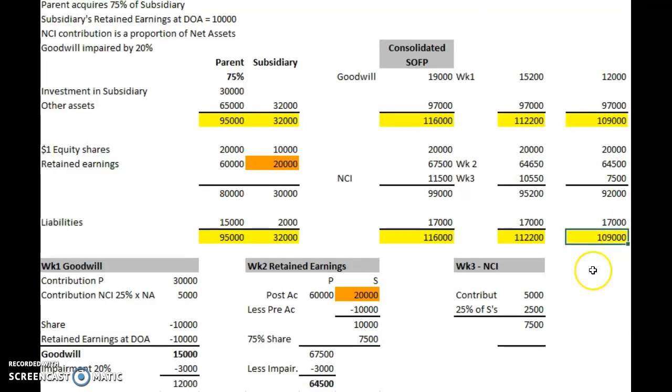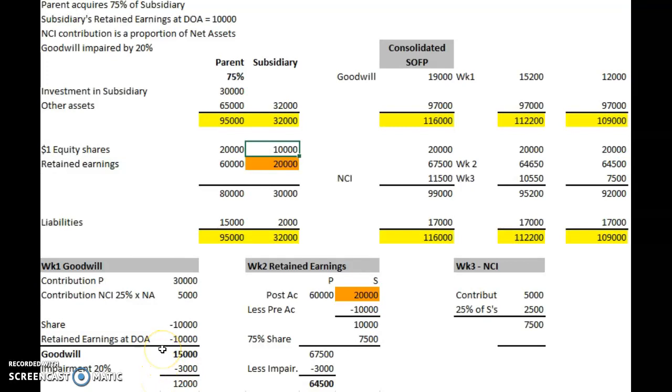And there we go. So what's happened here, just to recap, because of the way that we calculated the contribution, it means that the NCI was not liable or did not have attributed to it any of the goodwill, because it only paid for a proportion of the assets and didn't make any overpayment to pay for the goodwill.